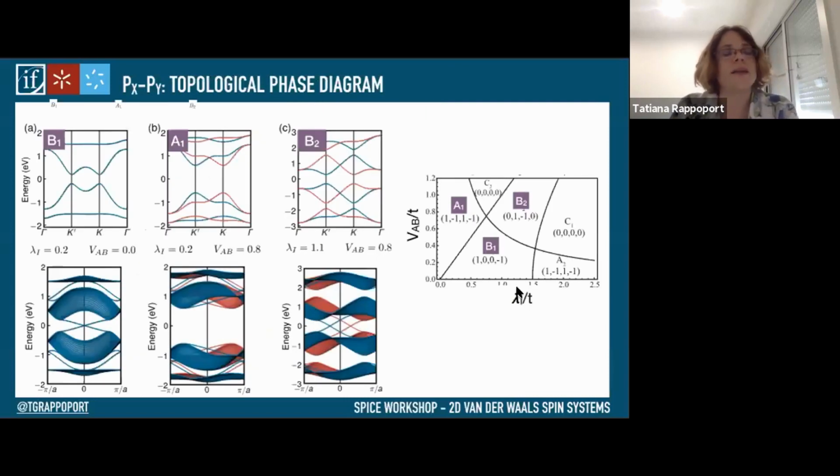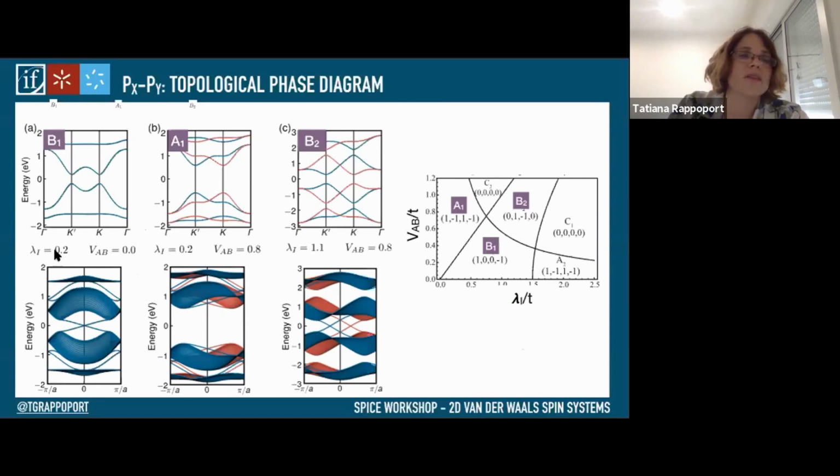Well, but in fact, the topological phase diagram of this simple model is quite rich, and it's richer than the Kane-Mele model, it has more topological phases. The phase diagram is here, and there are possibilities depending on the ratio between not only lambda and VAB, but also the hopping.